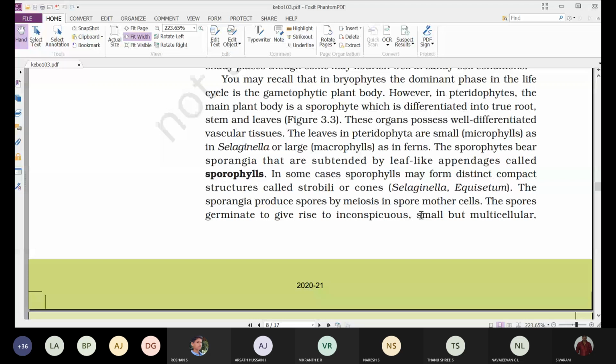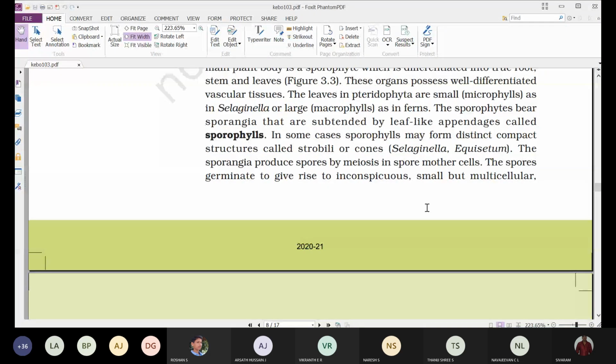Next, what is the function of the sporangia that are associated with the strobili? The sporangia produce spores by meiosis in spore mother cells. This sporangium possesses spore mother cells, and these spore mother cells, which are diploid, will undergo meiosis and produce haploid spores.